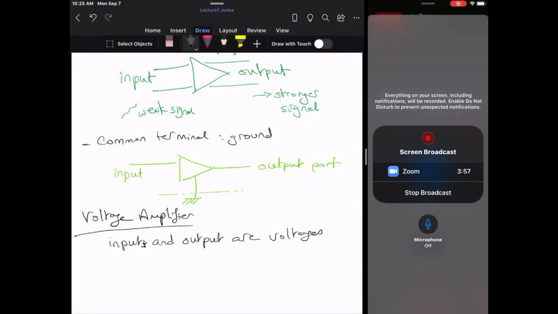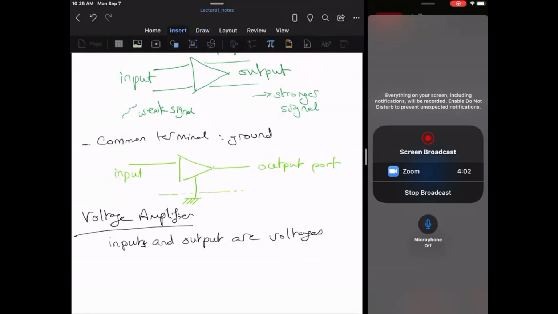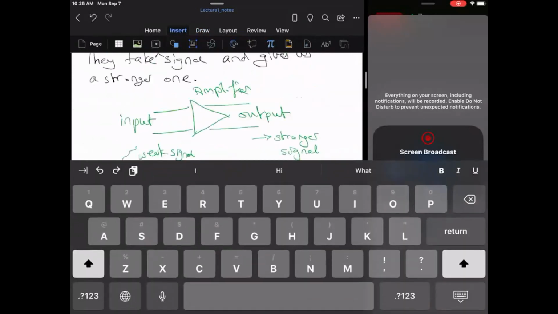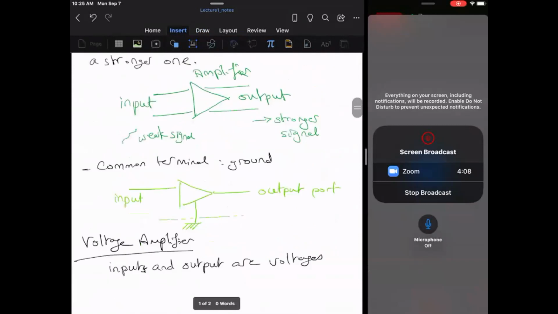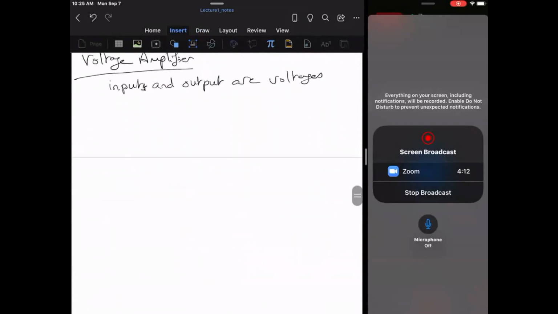Okay? So for this amplifier to operate, we will need not only to have the input signal, but also a DC supply.